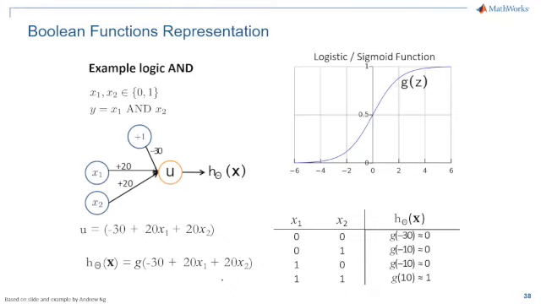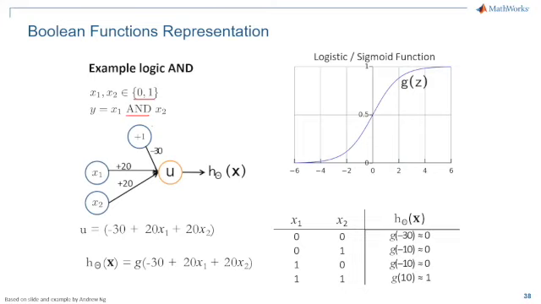So here you have x1 and x2 that can be 0 and 1. You have the logic AND. So let's do it. Let's make a network to do this function. So we give value to the input. So this is a bias, okay? Remember I have a bias. And this is the input 1, input 2.